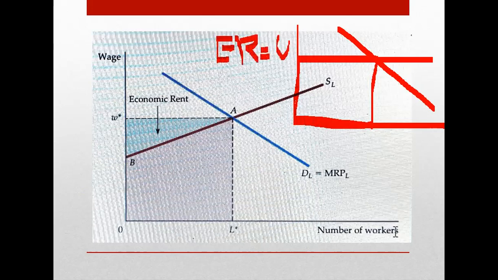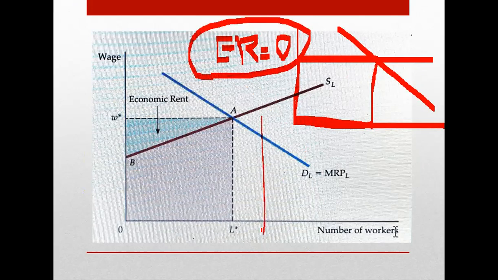Economic rent will be zero. So if the supply curve of labor, or of any other factor for that matter, becomes perfectly elastic, then the economic rent will turn out to be zero.